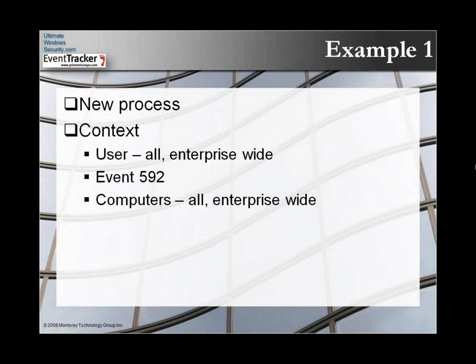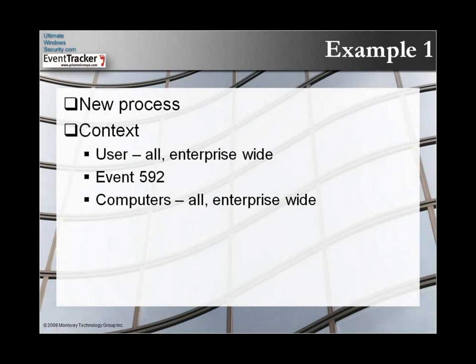Okay, this is the one I've been talking about, a new process. Now, some of you may think, well, I would like to track this on a user-by-user basis. Other folks might want to track on an enterprise-wide basis. What am I saying here?